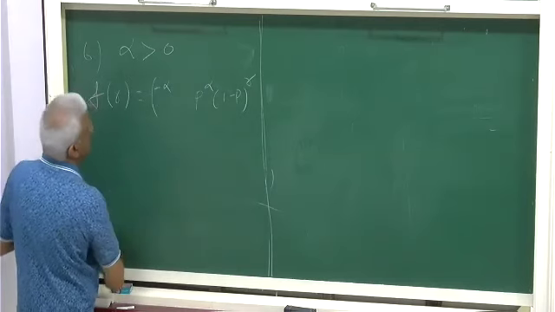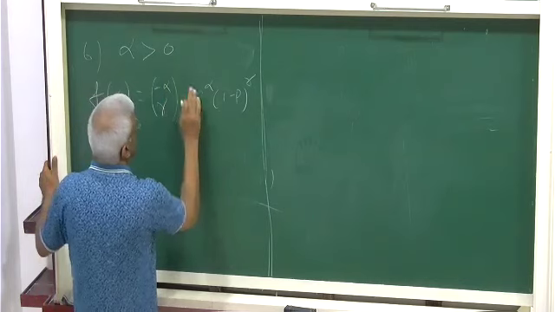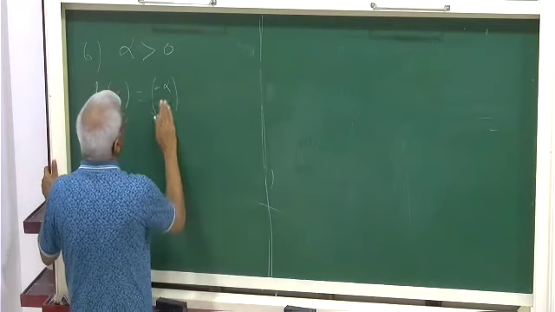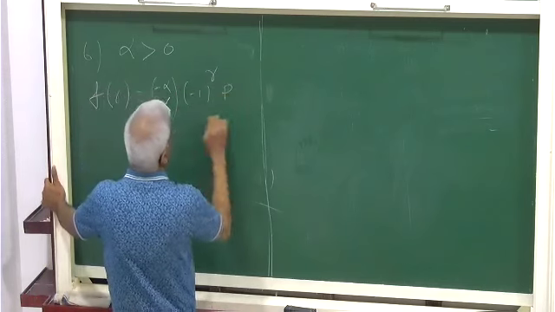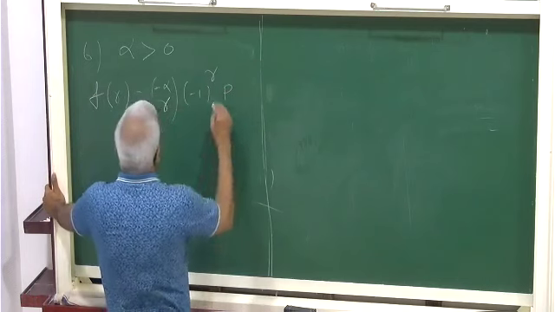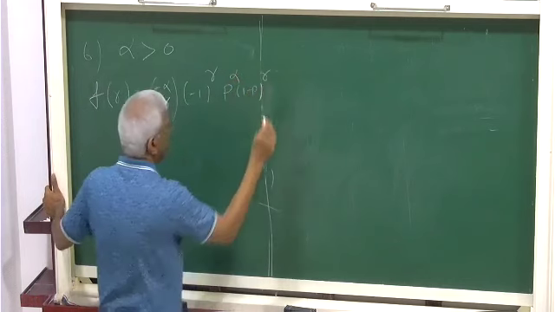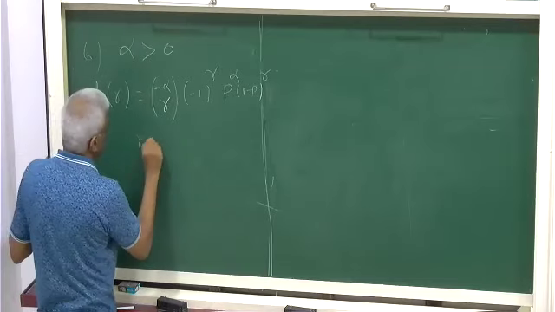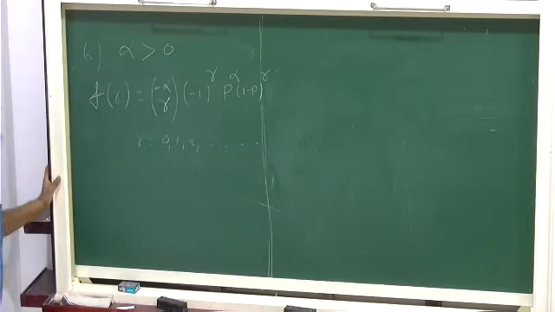We'll come to that. So I think it is this: f of r equals minus alpha choose r, times minus 1 power r, into p power alpha, times 1 minus p power r, for r equal to 0, 1, 2 and so on.